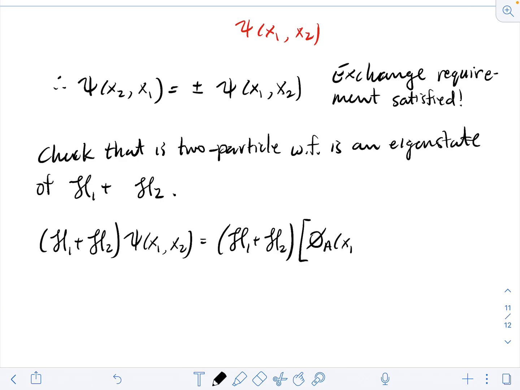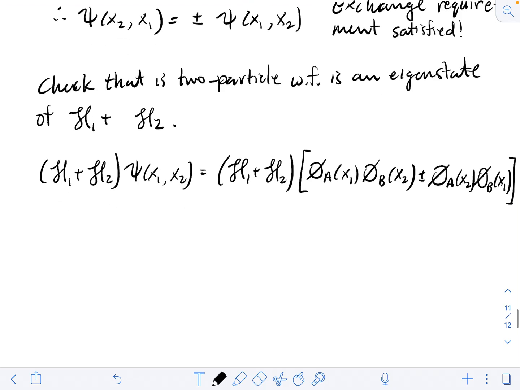So particle 1 in state A times particle 2 in state B, plus or minus particle 2 in state A times particle 1 in state B.